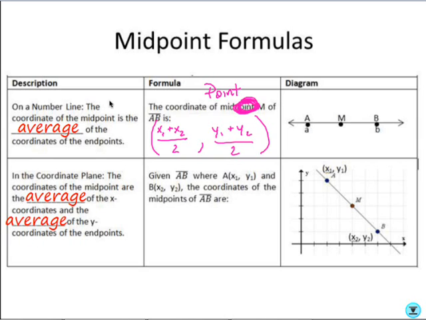Given AB, where A is x1, y1 and B is x2, y2, the coordinates of the midpoint are, and again, we're taking the average, x1 plus x2 over 2, y1 plus y2 over 2.